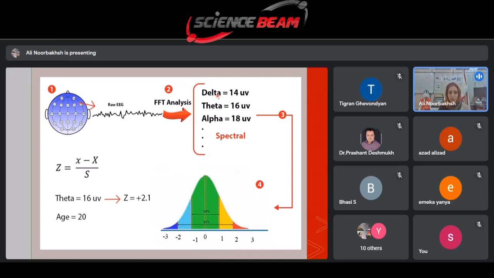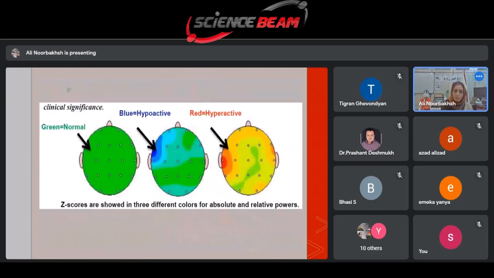Green shows normal value, the red color shows a higher value than normal, and the blue shows a lower value than normal. Again, green means normal, blue means hyperactivity, but this hyperactivity may be related to delta, theta, beta, or another brain wave.